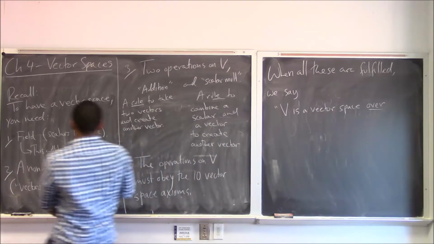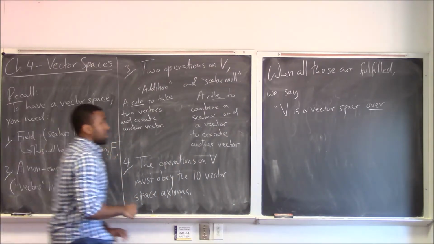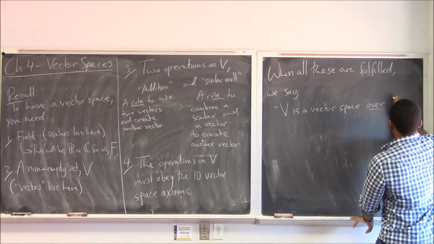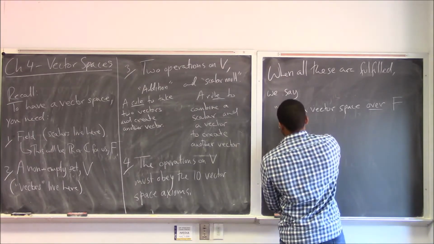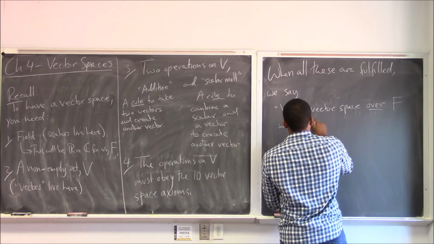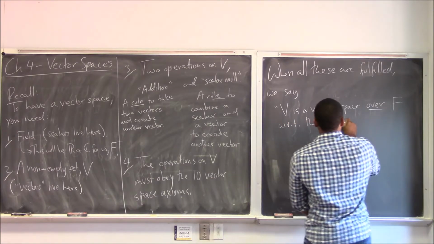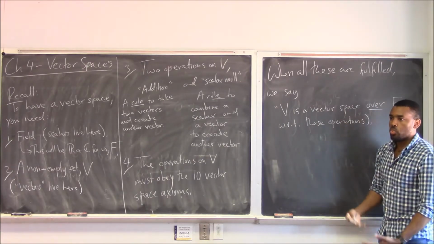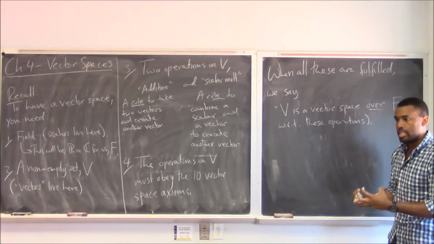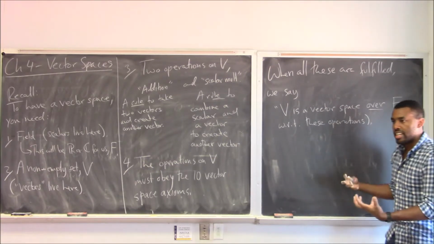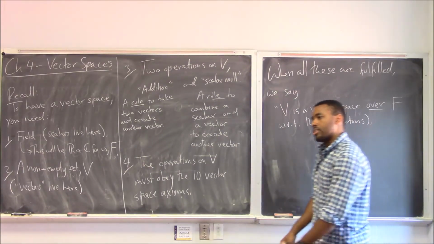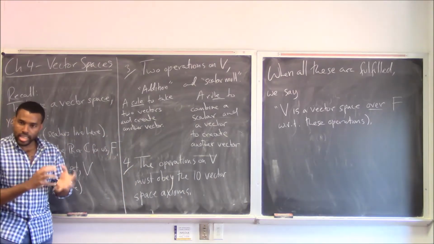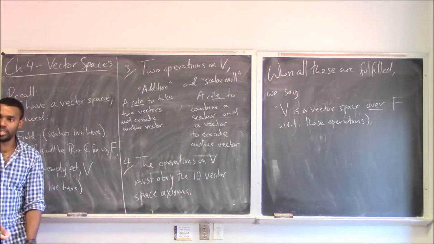So let me call the field here F. So V is a vector space over F with respect to these operations. Right, so a vector space isn't just one thing. There are many things that have to kind of come together, right? It's not just a set, it's the set equipped with rules that plays with another set, which we call the field, and they have to play together in 10 specific ways.